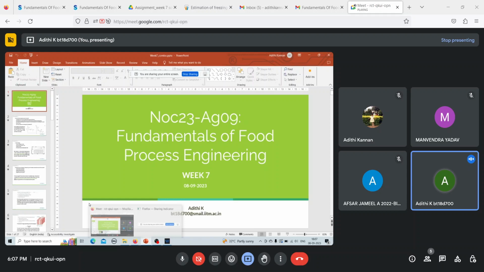And again, delta H2 is rho F, which is 950 kg per meter cube, times the moisture content, which is 75%, that's 0.75, times the latent heat of fusion, which is 333.2 kilojoule per kg. Again, I am converting all kilojoules into joules for SI units, so I've multiplied by 1000. That becomes 333200.